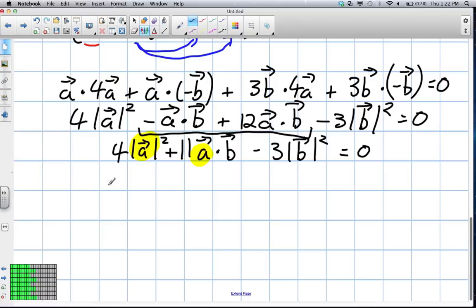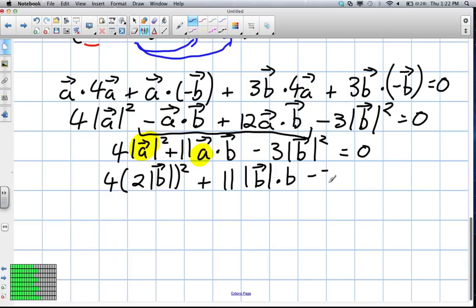So this becomes 4, and inside of here we end up getting 2 absolute value of B squared plus 11 absolute value of B dot B minus 3 squared equals 0.